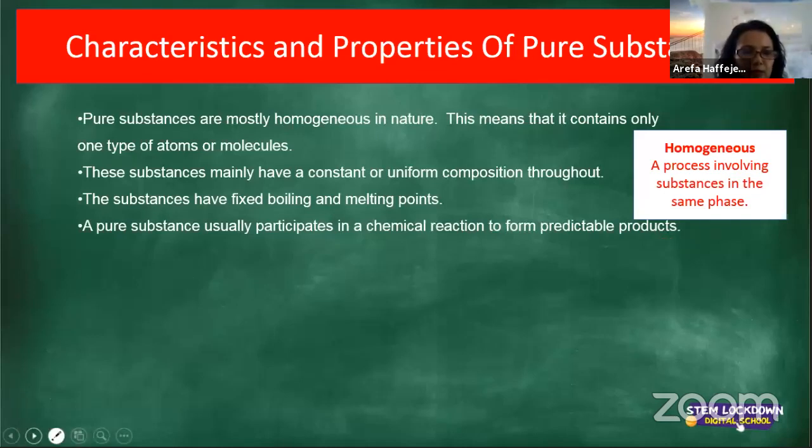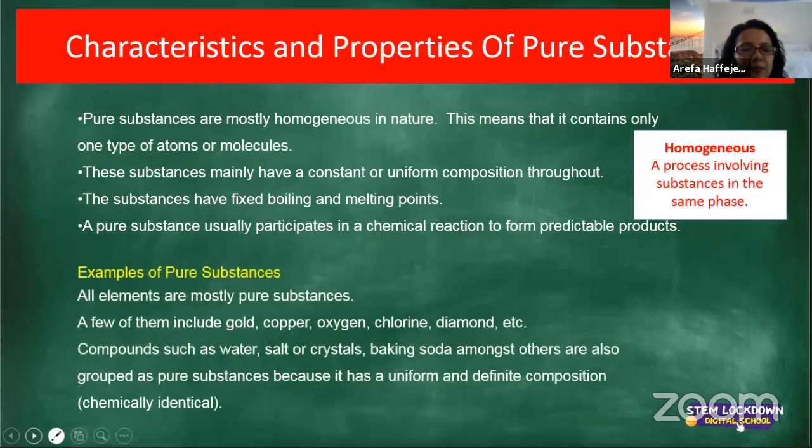Okay, so we'll move on and I'll give you examples of pure substances. Now, all the elements are mostly pure substances. Now, a few of them that are pure substances are basically gold, oxygen, chlorine, and diamonds. Now, we have compounds that are pure substances.